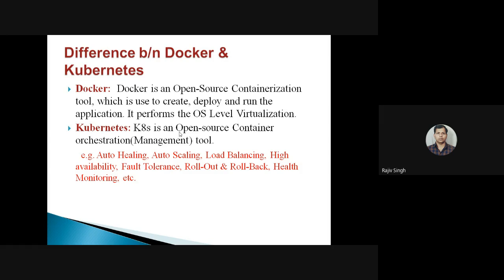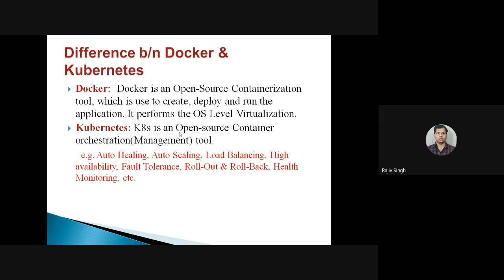How does it manage? It has functionality like auto healing. If your pod is going down and it is not performing well, then Kubernetes will delete that pod and create another pod in place of that. Auto scaling, you can scale up, scale down. As we know, we have two types of scaling, vertical scaling and horizontal scaling.